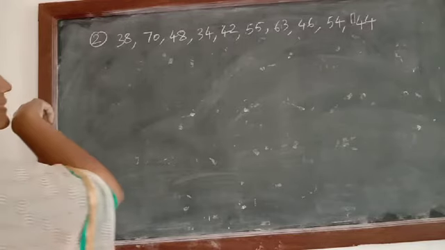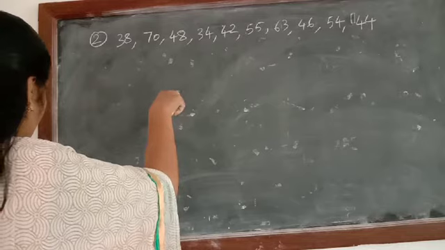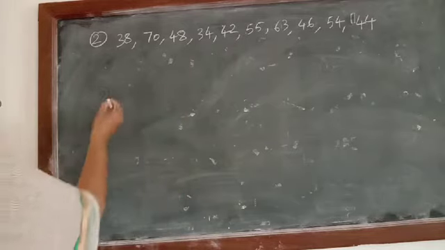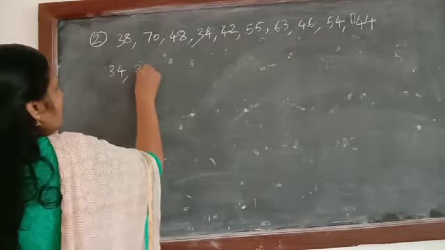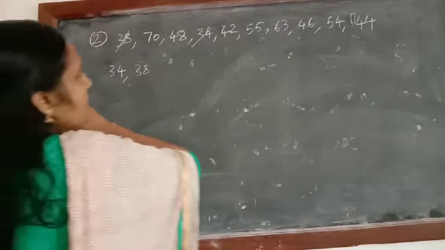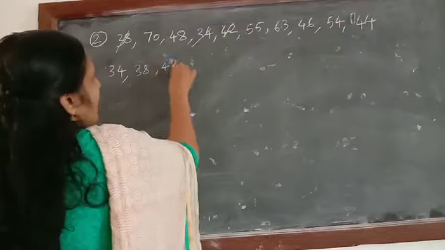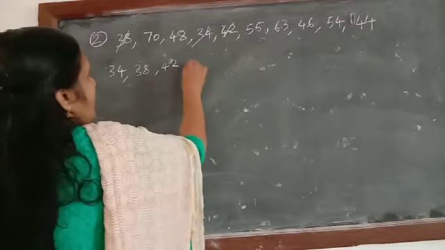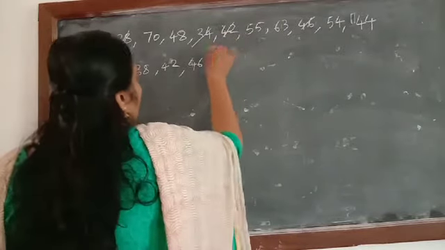Just to check which is the smallest one there. I think smallest is 34. So arranging here 34, then 38. After 38, which one will come? Yes, 42. After 42, we have 46. Then we have 48.